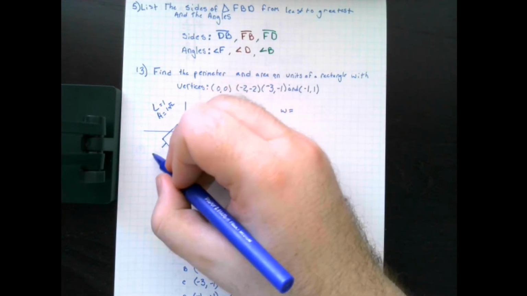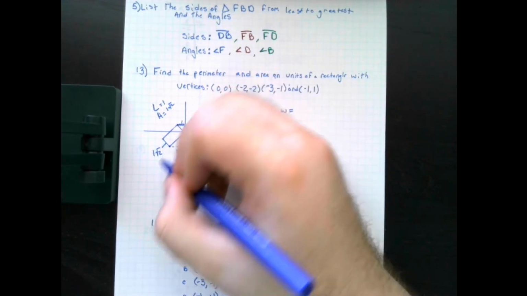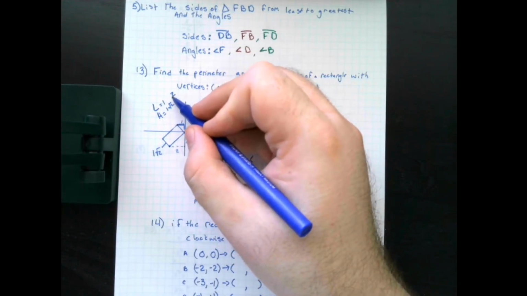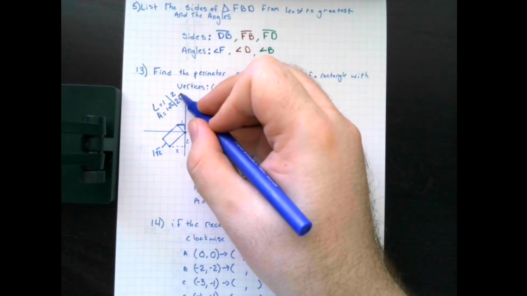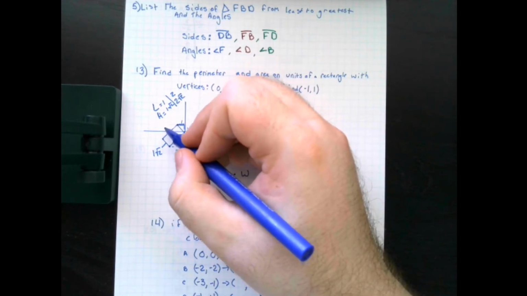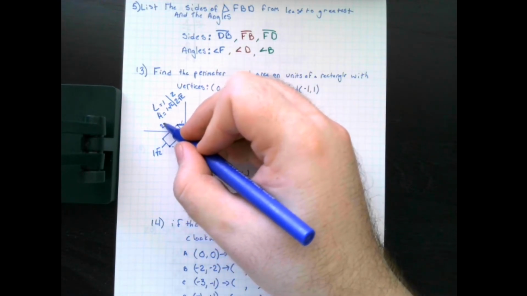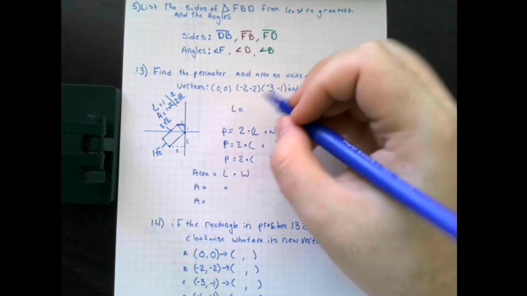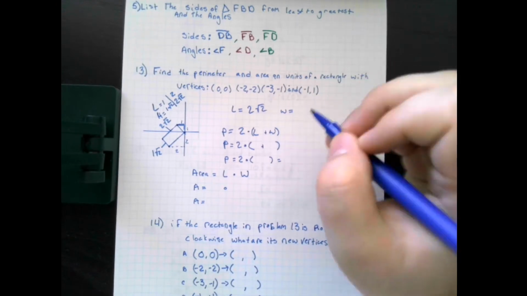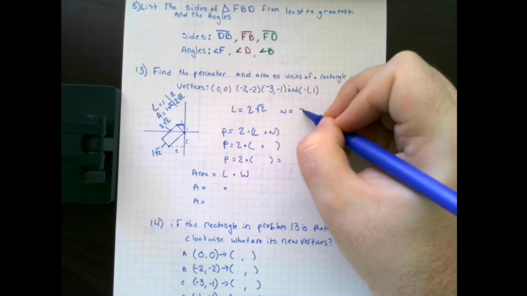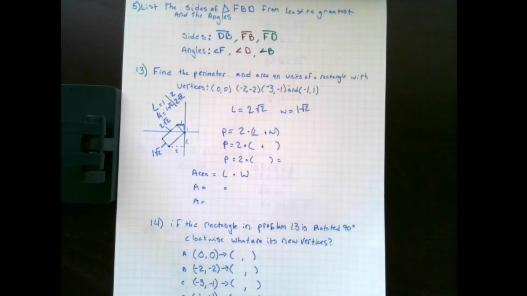So this is 1√2. If we have a leg of 2, then the hypotenuse would be 2√2. This has a leg of 2, so we have 2√2. So our length might be 2√2, and our width could be just √2, or 1√2.